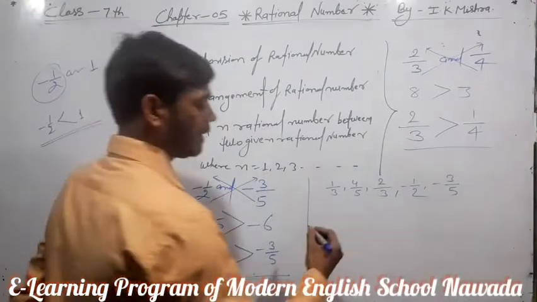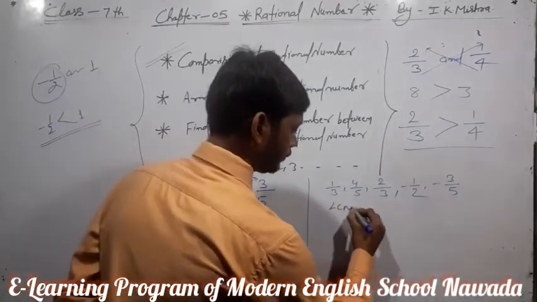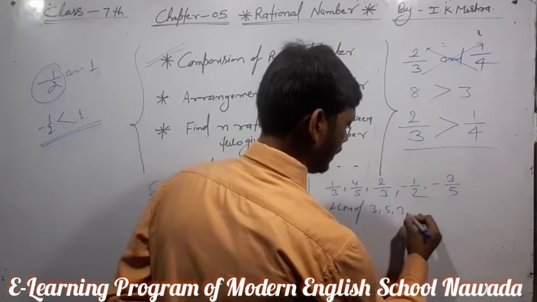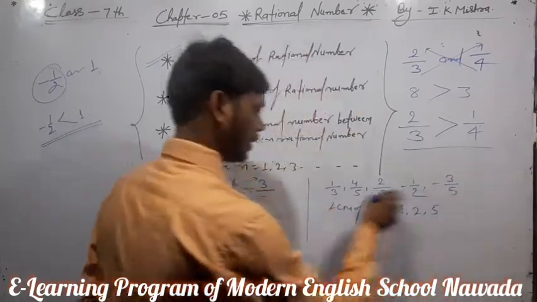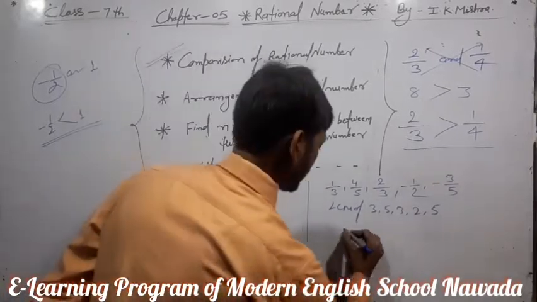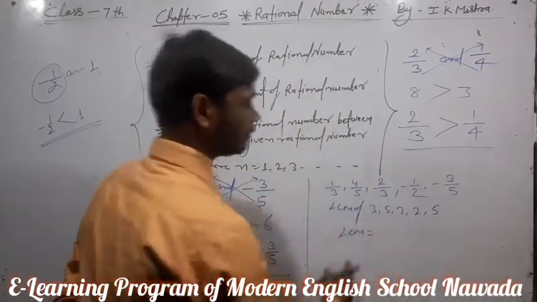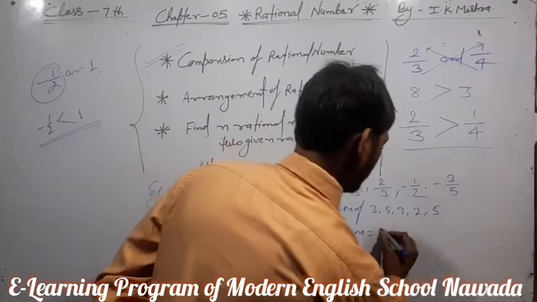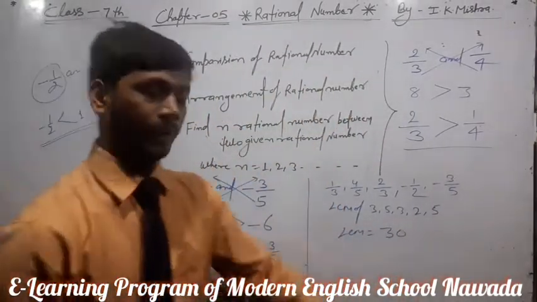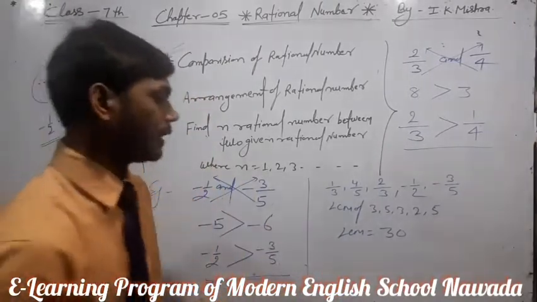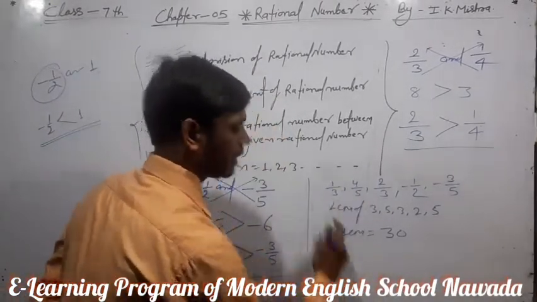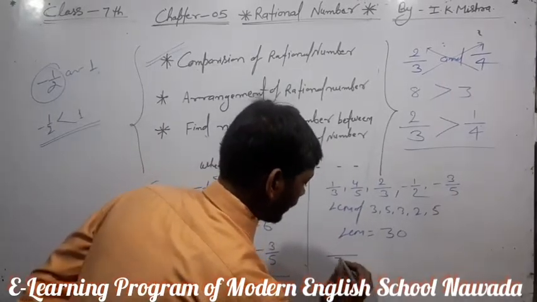After that, find the LCM of 3, 5, 3, 2, 5, all these denominators. When you find the LCM, it is 30. LCM be 30.